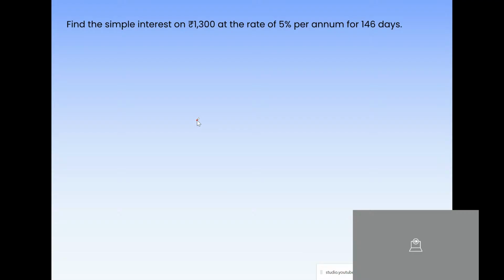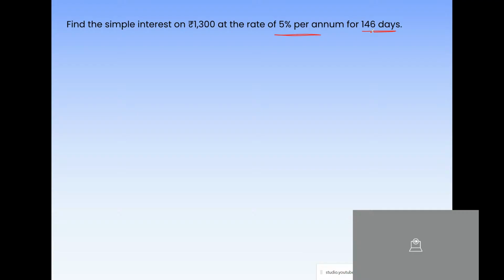But remember that the time is in days and not in years because the rate is per annum. So remember that this also you need in number of years.